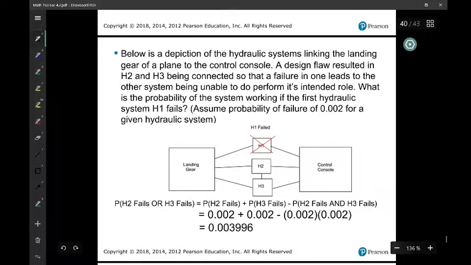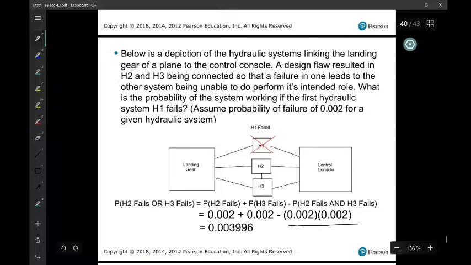So we add the probabilities of each individual system failing, and then we subtract out the probability of both of them failing. So both of them failing would be an independent event. So if this one fails on its own and this one fails on its own accord, that would be the probability of both of them failing, not of the probability of one of them failing and the system not being able to function.